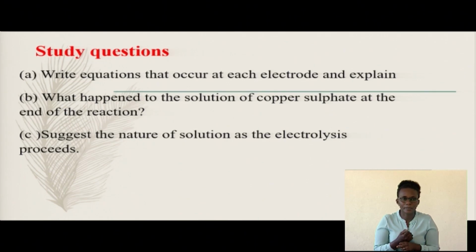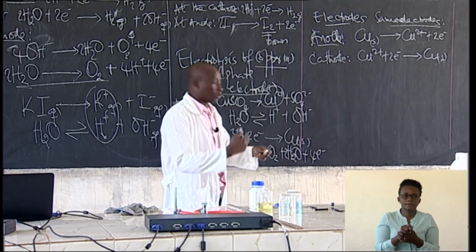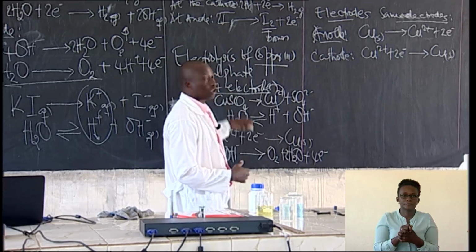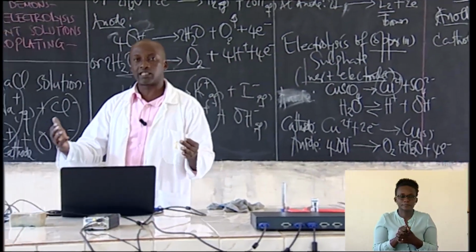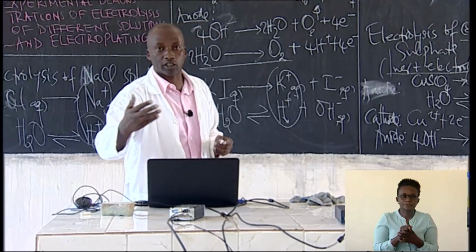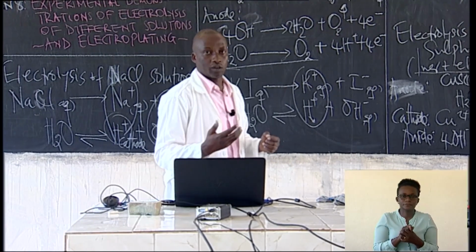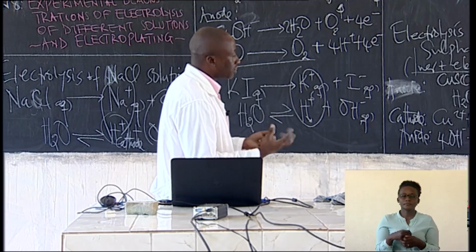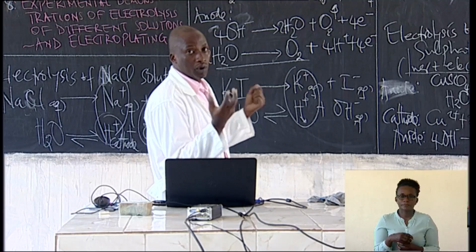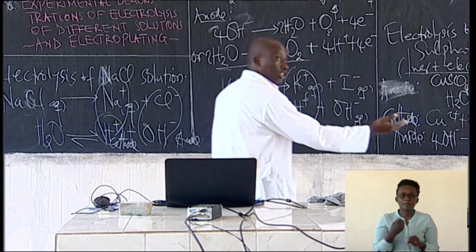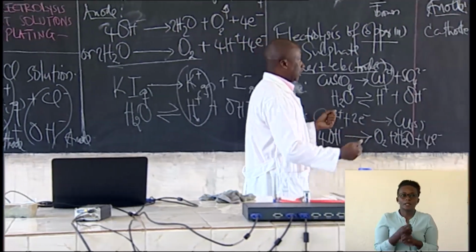So here, when we are using inert electrodes, as the reaction continues, we would expect the solution to keep on fading. And at the end of the reaction, the solution becomes colorless. Why? Because the copper 2 ions are being removed from the solution, and therefore the solution will change into colorless.